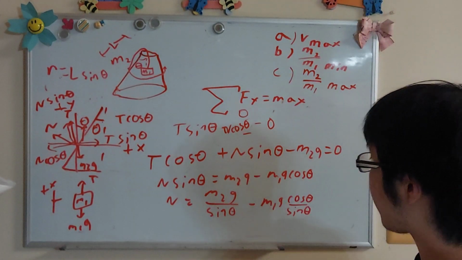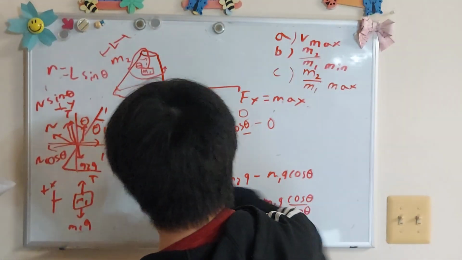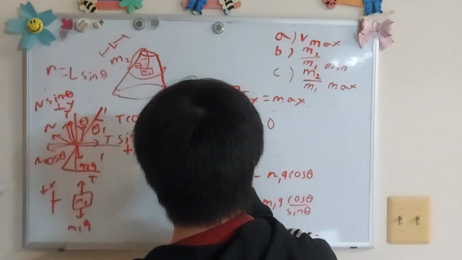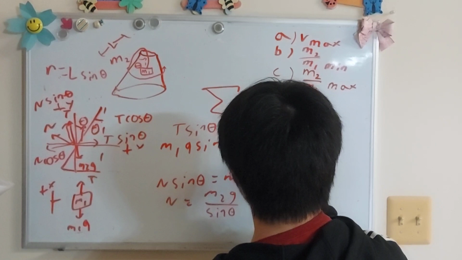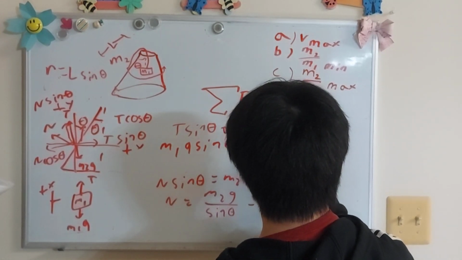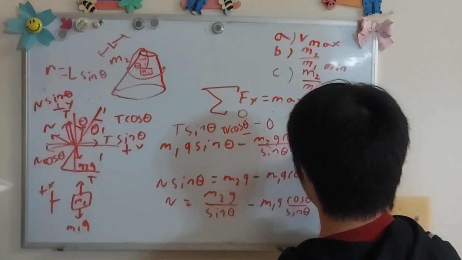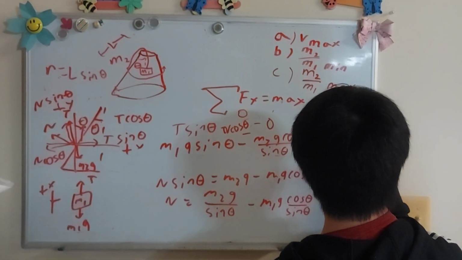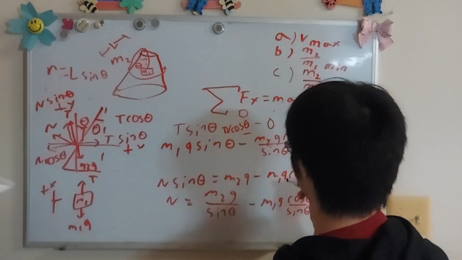Now let's plug that in back here. We end up having m1g sine theta minus m2g cos theta over sine theta plus m1g cos squared theta over sine theta is equal to 0.